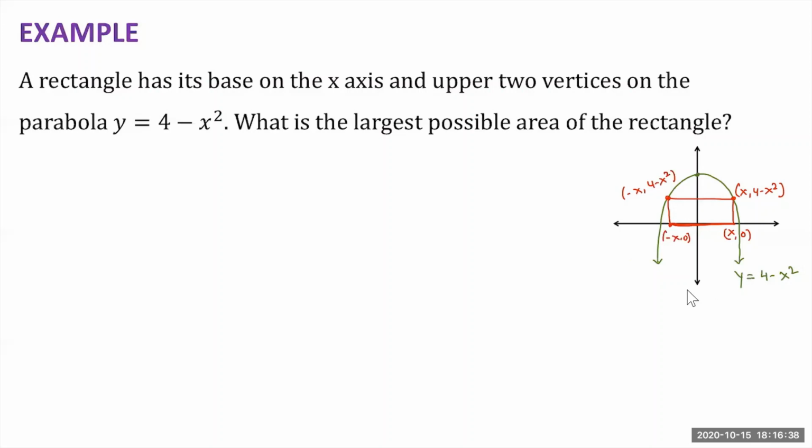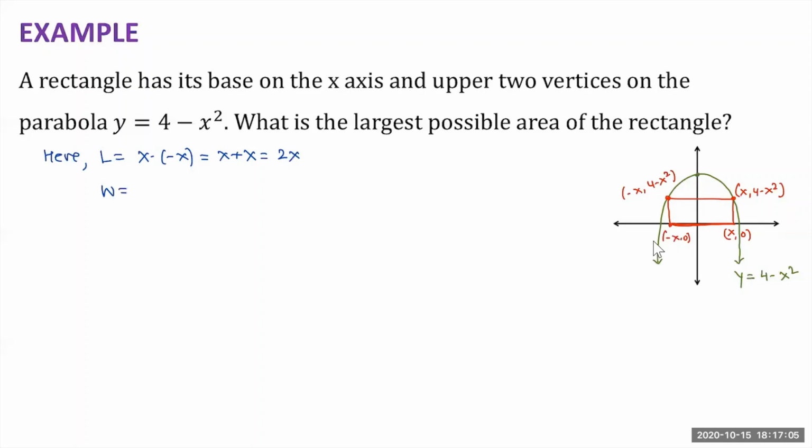Now, by looking at this rectangle, we have the length and width. The length of the rectangle is the horizontal distance, which is x minus negative x, which is equal to x plus x, 2x.